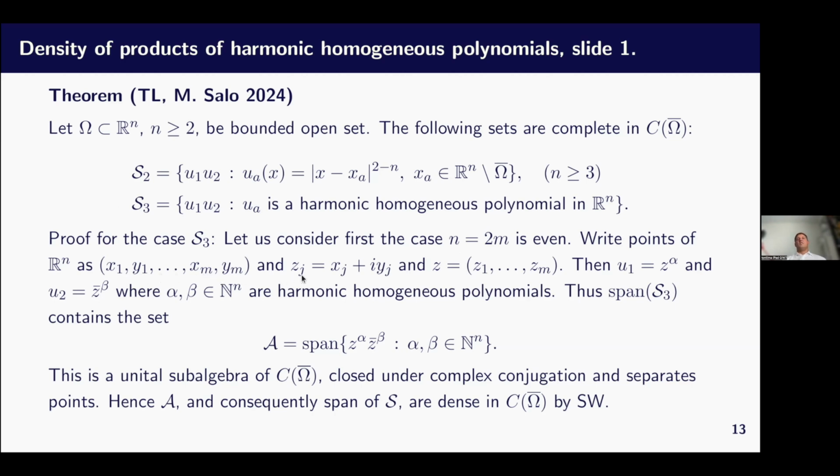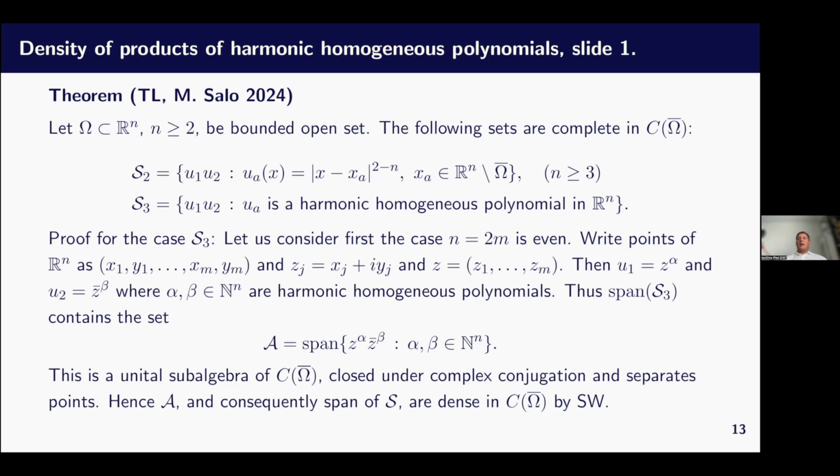And we also write zj as xj plus i yj, and z is this m-length complex valued vector. So now with this notation, if we write u1 to be z to the power alpha and u2 z bar to the power beta, where alpha and beta are multi-indices, then these are harmonic homogeneous polynomials.